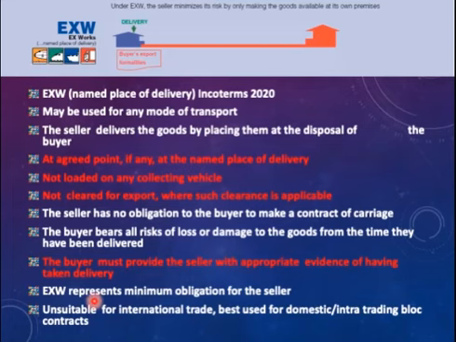So mostly this term is used for domestic contracts, domestic sale of goods, not international. It can be used for international, but it's kind of inconvenient. Not suitable for the international sale.